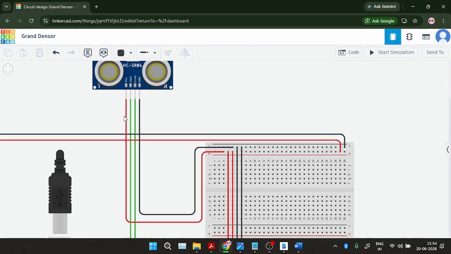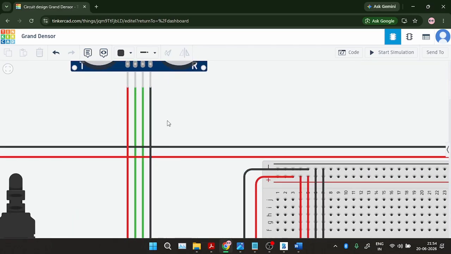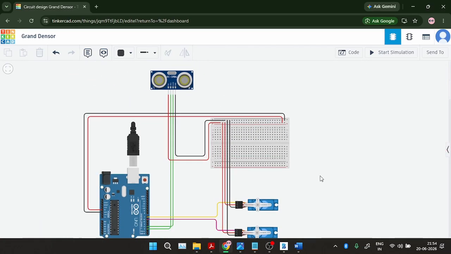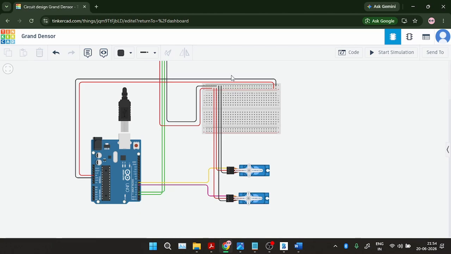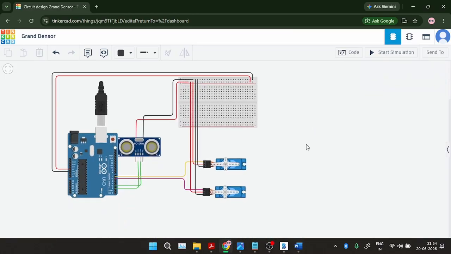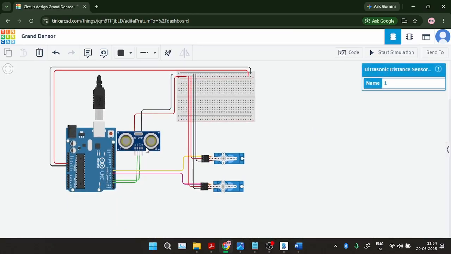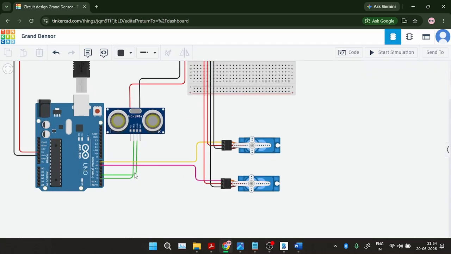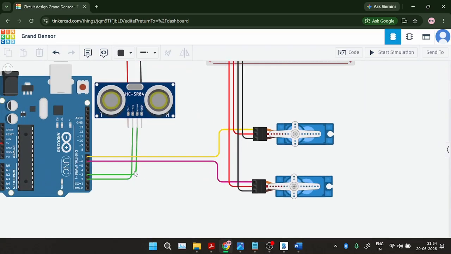Yeah, this is much better. See here, these are overlapped. Don't get confused here. Or else, I can even reduce the distance, so I will reduce the distance and reposition my wires. The reason for that is, when I start the simulation, you will come to know.